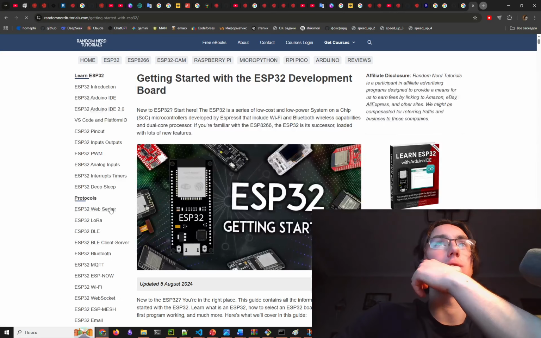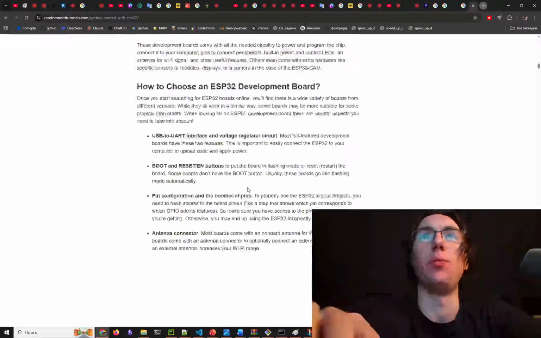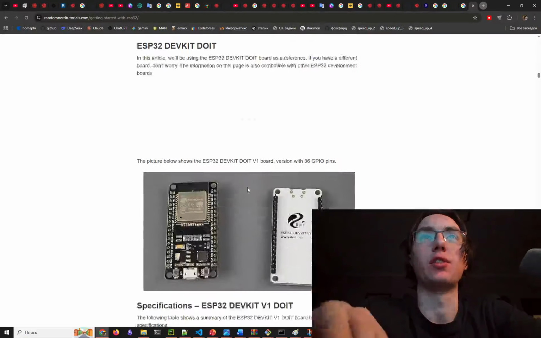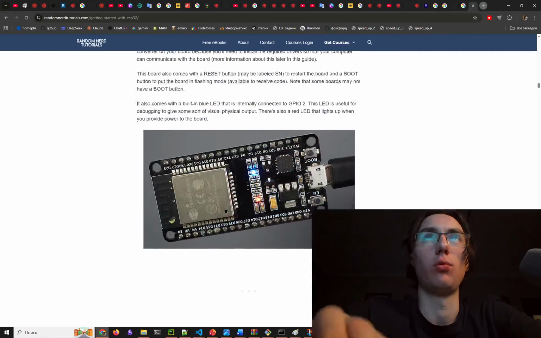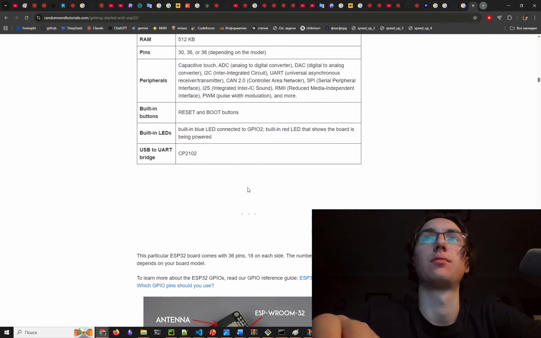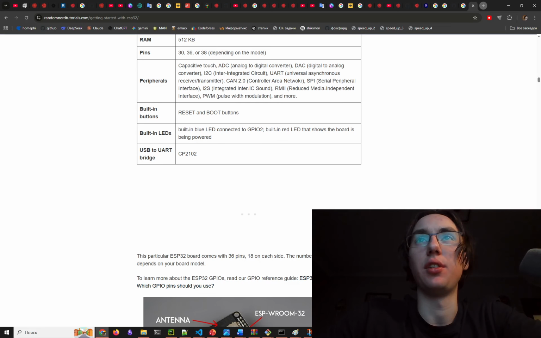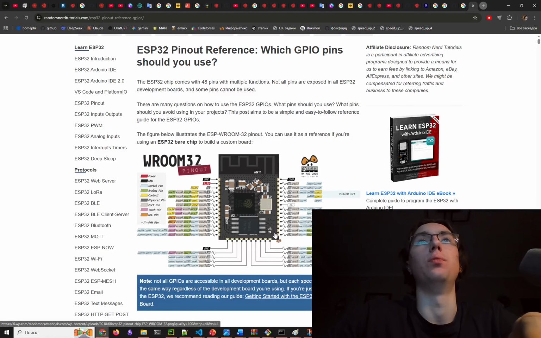I'd like to see that picture again. I thought it was in the very first article. Yep, here, the ESP32 pinout reference.